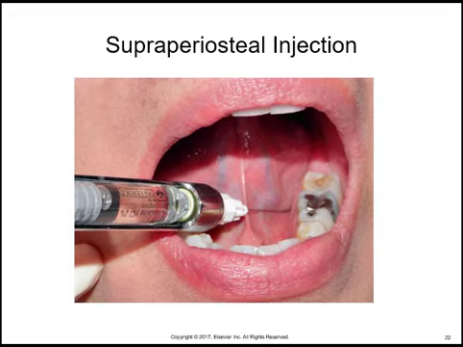This supraperiosteal injection can be done possibly anesthetizing the accessory innervation of the mylohyoid nerve. With this injection, if bone is not contacted, the needle tip is located too far posterior on the ramus, so you would want to bring the syringe more closely superior to mandibular molars and move the needle tip more anteriorly.